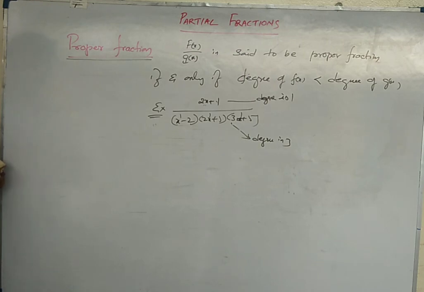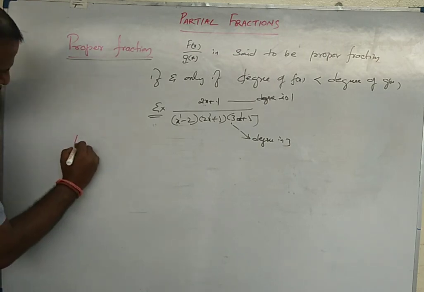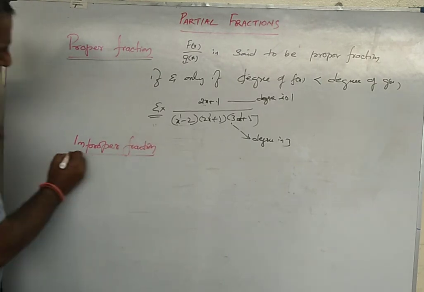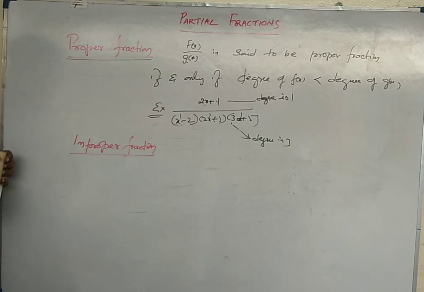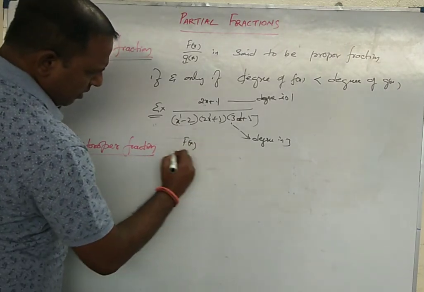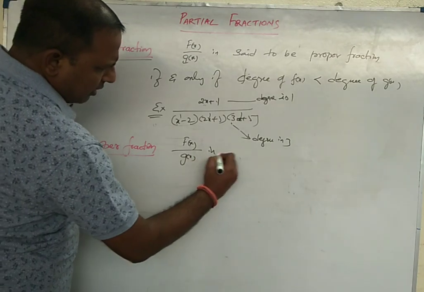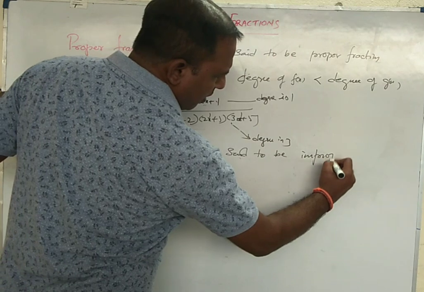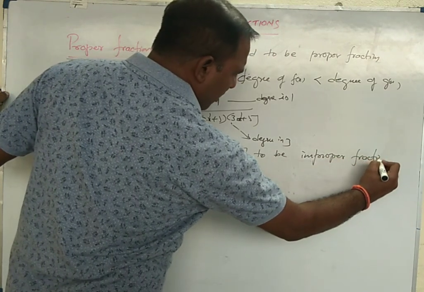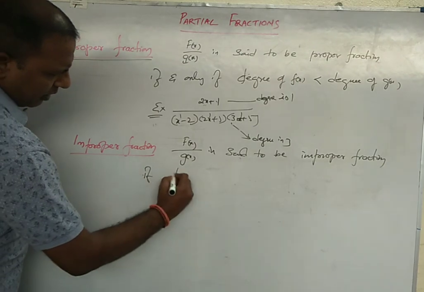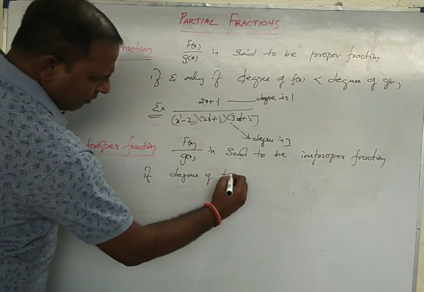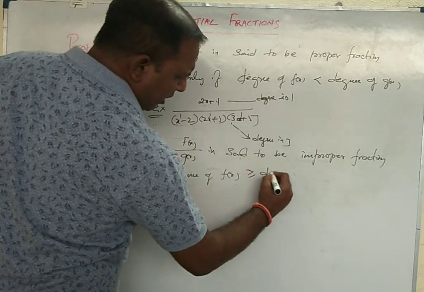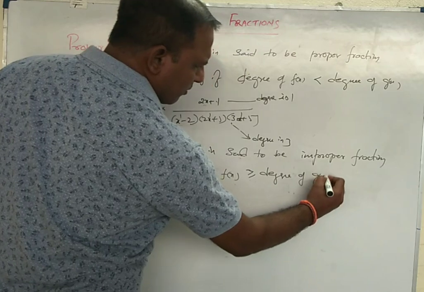Next, what is meant by improper fraction? f of x by g of x is said to be an improper fraction if the degree of f of x is greater than or equal to the degree of g of x.